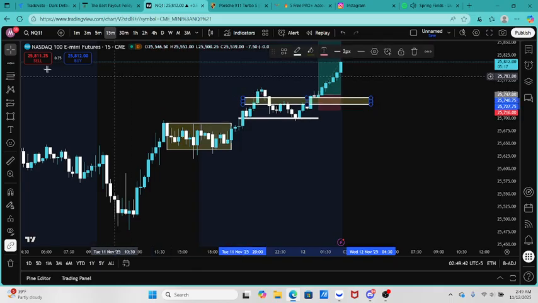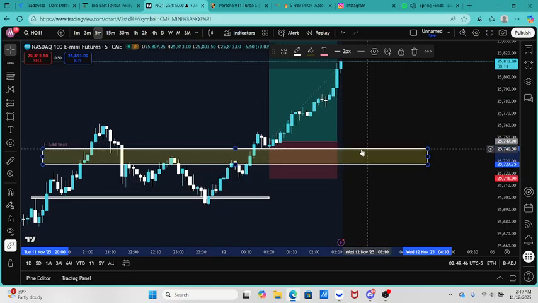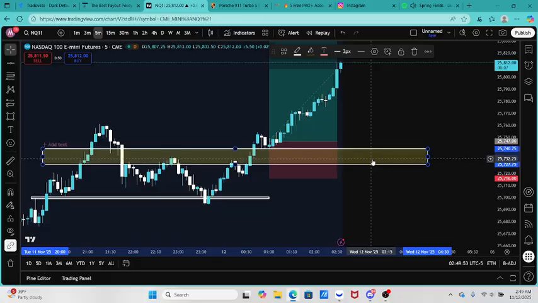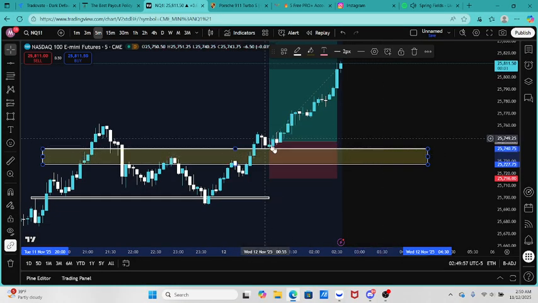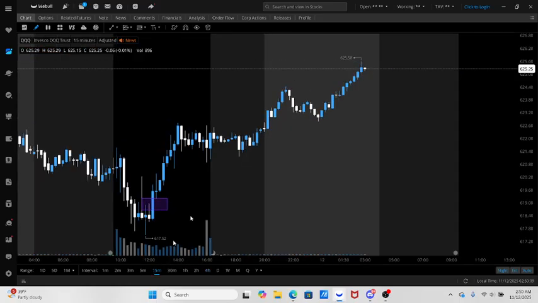But then I would go to that 5 minute, and I would look for price to come down and hold this halfway point, get back above it, trade above this order block. So it would look exactly like this.